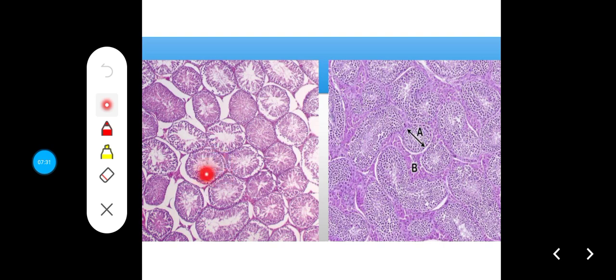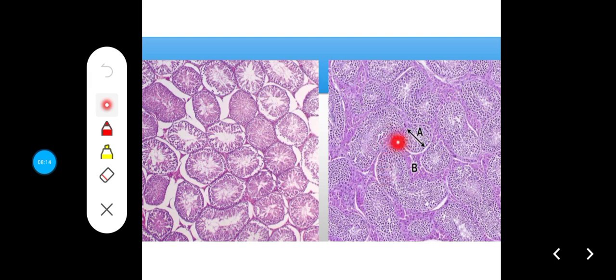The lumen is not really distinct due to the varying layers of cells, which also encroach into the lumen. In between the seminiferous tubules, you can find the interstitial cells of Leydig. The Leydig cells are within the interstitial space, and you can also find a few blood vessels, though those are not really clear at this point.